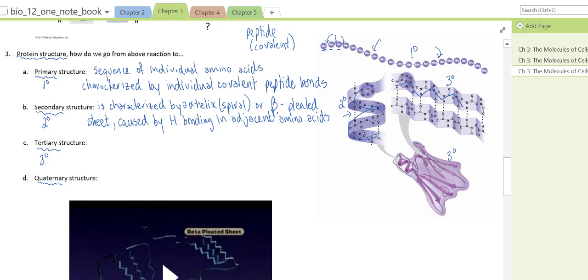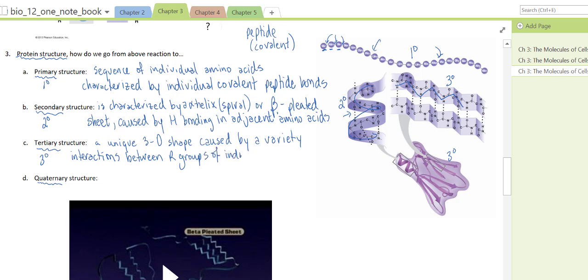Down here we're into the third level, tertiary: a unique three-dimensional shape, 3D shape, caused by a variety of interactions between R groups of individual amino acids.